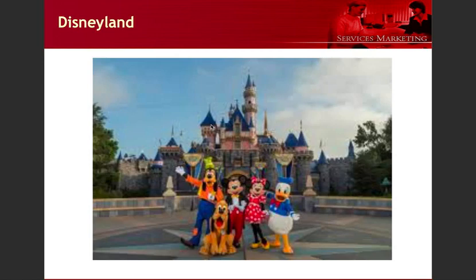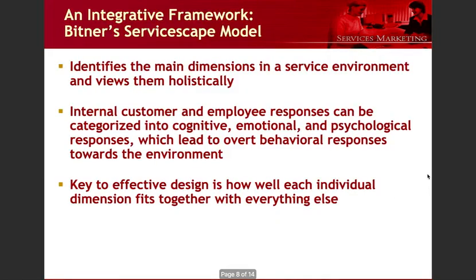It is not an ordinary house, not an ordinary castle, but something beyond imagination. So, an integrative framework, taken from Bitner's servicescape model, identifies the main dimensions in the service environment and uses them holistically.